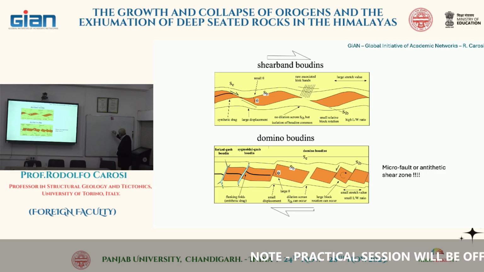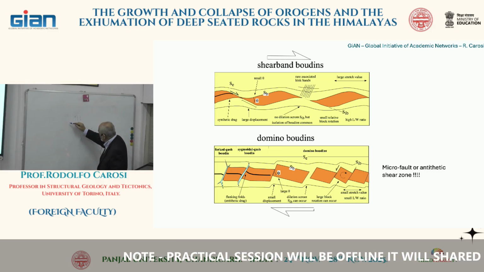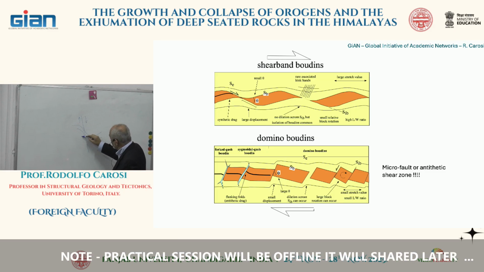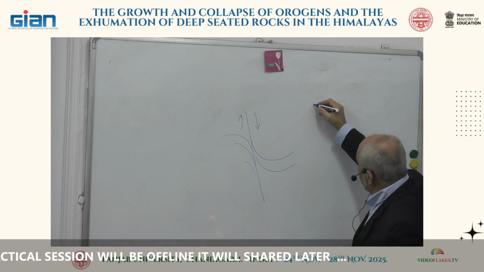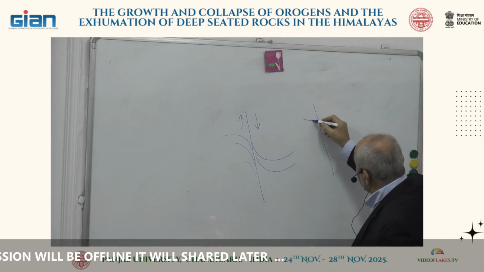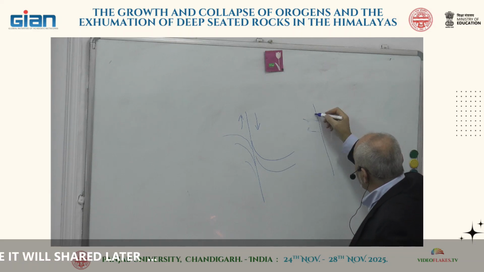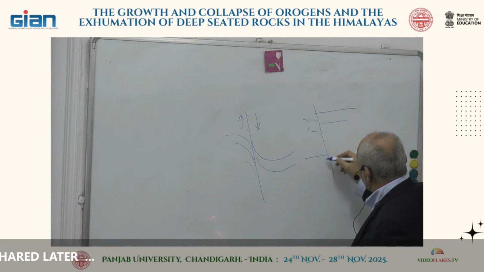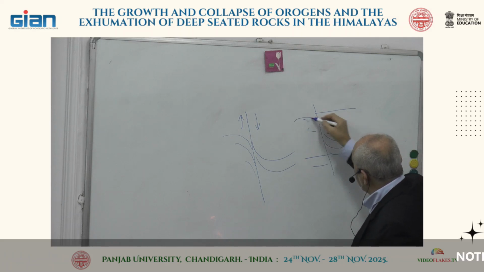If you have a fault like this, you can have a normal drag in this part and an opposite drag in this direction. But sometimes in the field, you can observe inverse displacement of objects and normal drag.